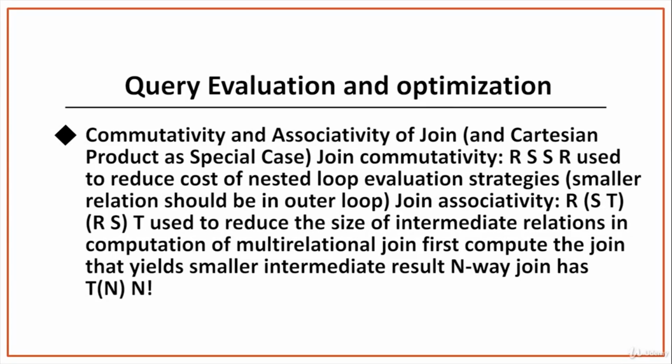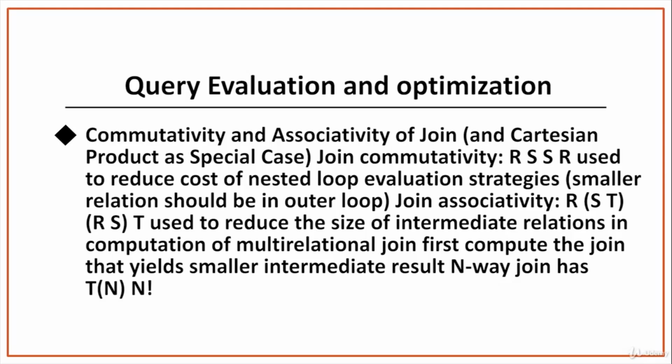Commutativity and associativity of join, with the Cartesian product as a special case. Join commutativity, R ⋈ S = S ⋈ R, is used to reduce the cost of nested loop evaluation strategies; smaller relations should be in the outer loop.